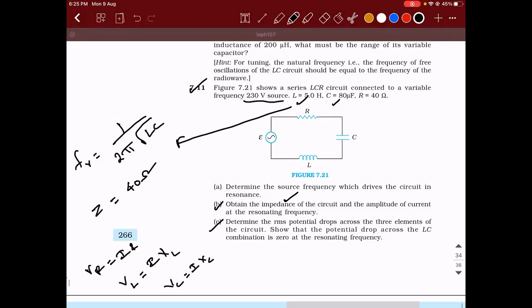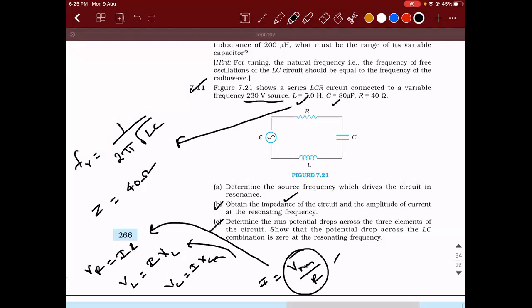To find the value of I, since everything is happening under the resonance condition, I will be equal to V RMS divided by R. Find the value of I, and substitute it in each equation. That will give you the values of VL and the others.